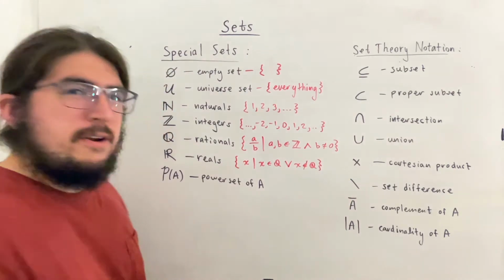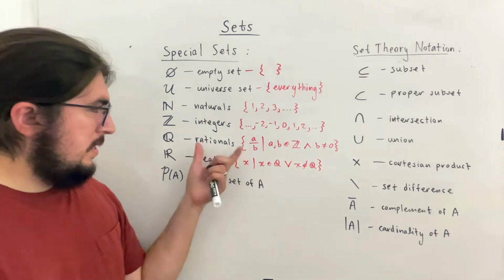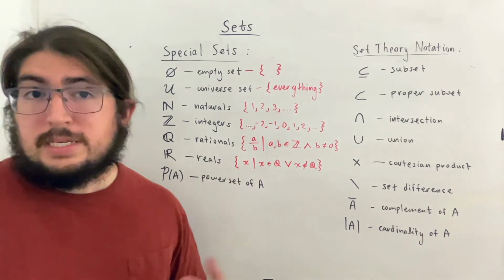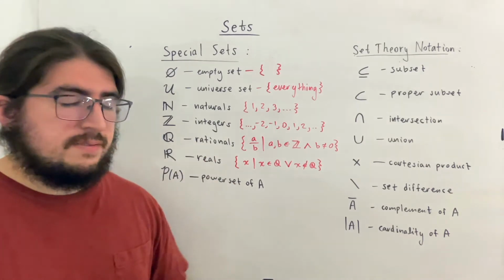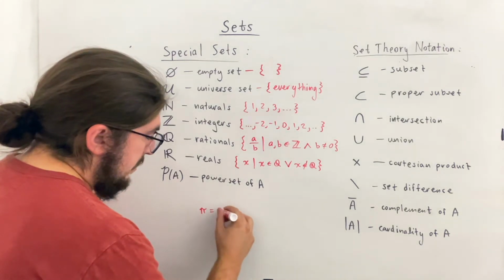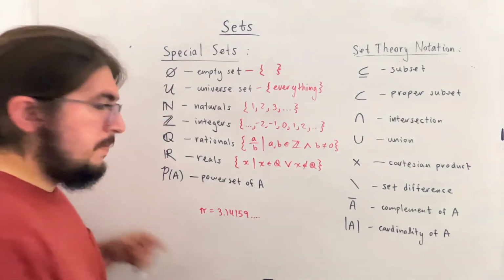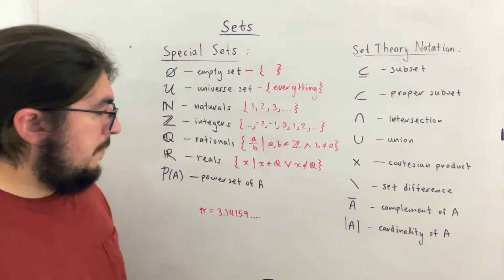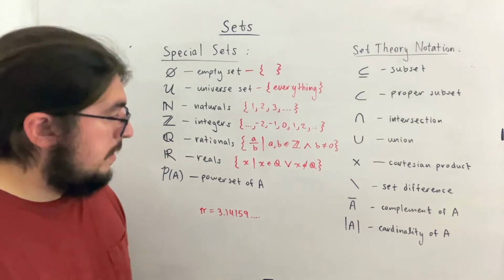Which sounds a little weird to me, because to not be rational just means you're a real number that's not a rational number, so you can't write it as a fraction of two integers. For example, pi is 3.14159 and so on. We know the decimal expansion up to some point, but if you stop, then you're approximating it as a rational number, basically.